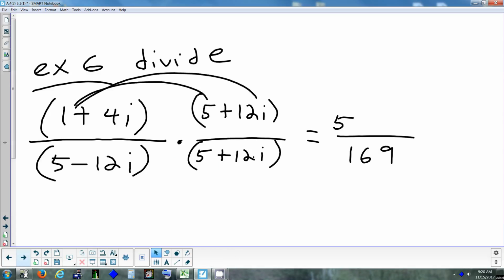We get 12i plus 20i. What's 12i plus 20i? 32i. And now the last part, we're going to get positive 48i squared. Well, what number is 48i squared? Yep, which is negative 48.